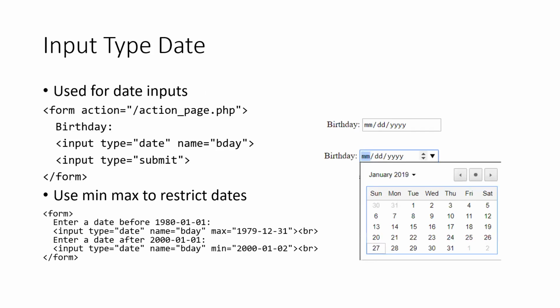Right. Then we can have date attributes. Getting a date is very interesting nowadays, and you can easily get a calendar input like this with today's implementations. So here, let's say you are going to get the birth date, and so you can say input date, birthday, and type submit.